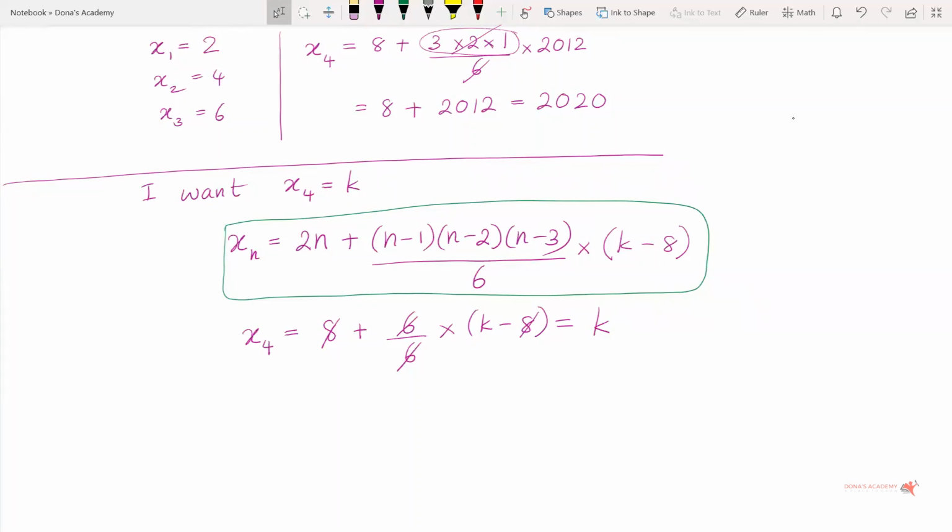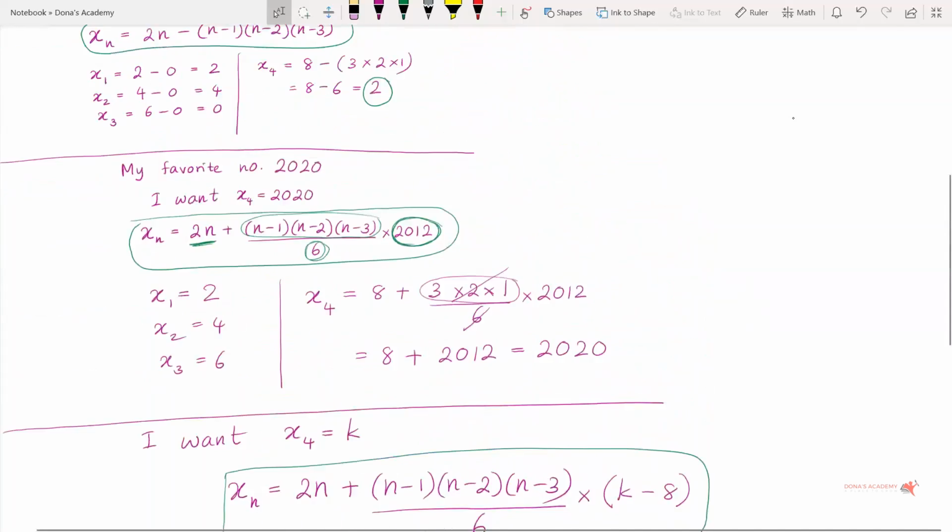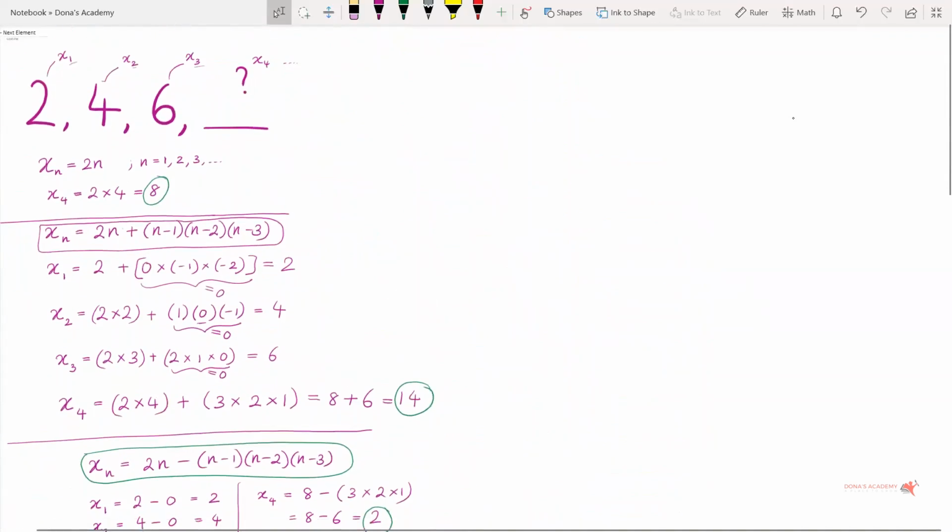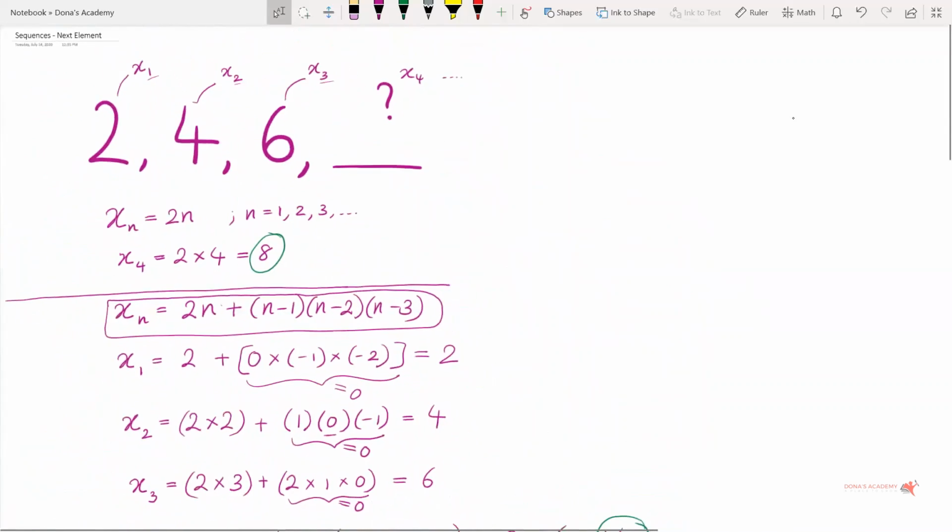All right, so there is a warning now. If you are taking an entrance exam or whatever another exam, you will probably see this type of question. You have to recognize the pattern and you have to guess the next element. In that case, your teacher or the grader is expecting you to find or recognize the most obvious pattern or the most obvious general term.